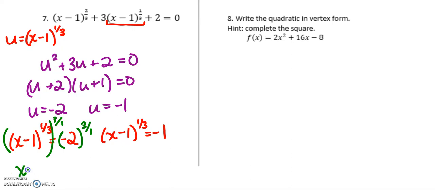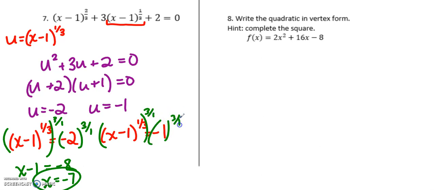Those are going to cancel. x minus 1 equals negative 2 cubed, which is negative 8, which means that x equals negative 7. This one, same thing, raise everything to the 3/1 power to undo that 1/3. So I get x minus 1 equals negative 1, which means that x is equal to 0. And if you go through and you check those answers, you should get that both of those things work out just fine.